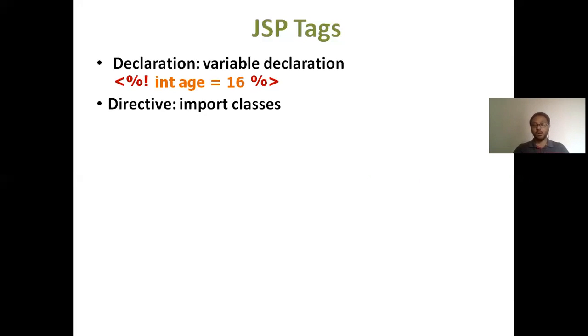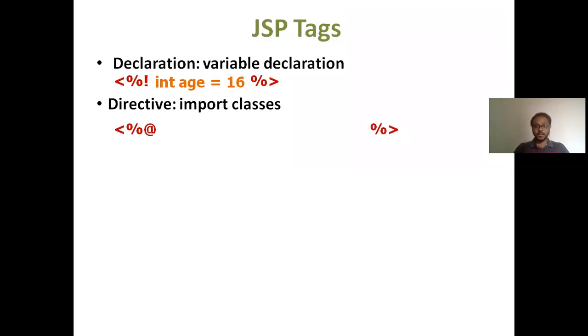Like all your Java programs, which generally import the java.io.* package or the java.util.* package. If I want to import such packages to your JSP document, we will be using this directive JSP tag. Now let me show you the syntax of how to use this directive tag.